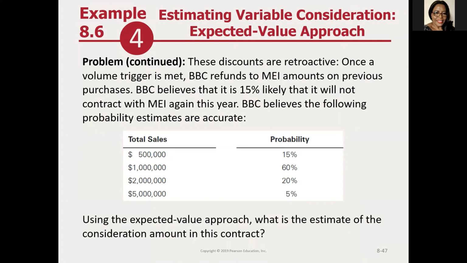BBC believes that it is 15% likely that it will not contract with MEI again this year. BBC believes the following probability estimates are accurate. On 500,000, probability is 15%, on a million is 60%, and so forth.